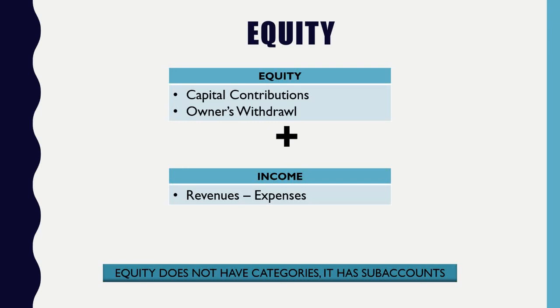So equity, as we understand it, is different from property management, okay? Equity that we learn here in accounting is going to be the net value of your company. It's not what you gain, it's not what you profit, it's what is the value of your company.